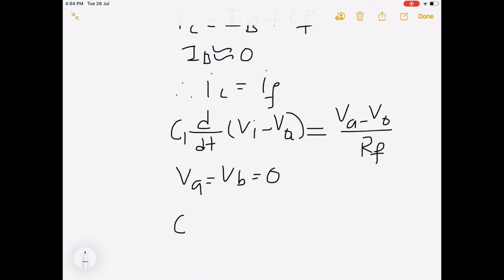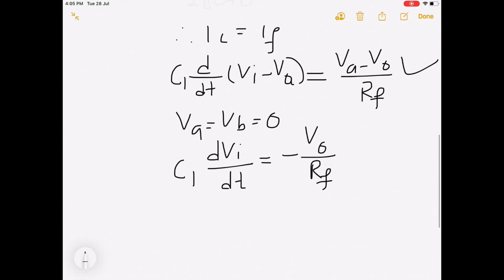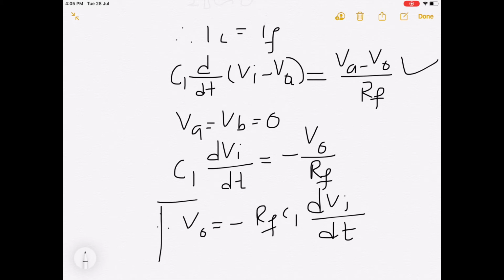It becomes C1 dVi by dt is equal to minus Vo by Rf, by putting Va and Vb equal to 0. So finally, Vo is nothing but minus Rf C1 dVi by dt. This is the final output of the ideal differentiator.